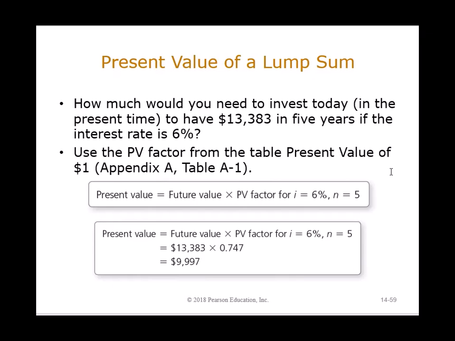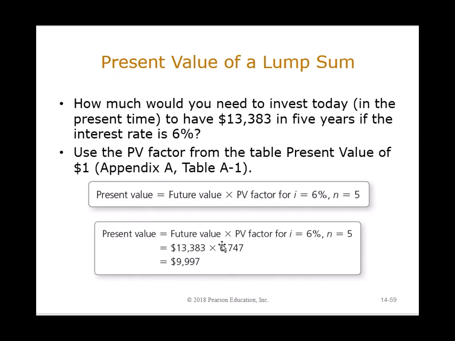They are going to have the number of periods going down the left-hand side, so essentially the rows. And what you're going to do is find the N figure that you need, and find the interest figure that you need, and then see where those points intersect on the chart, and that is going to give you your factor to use.